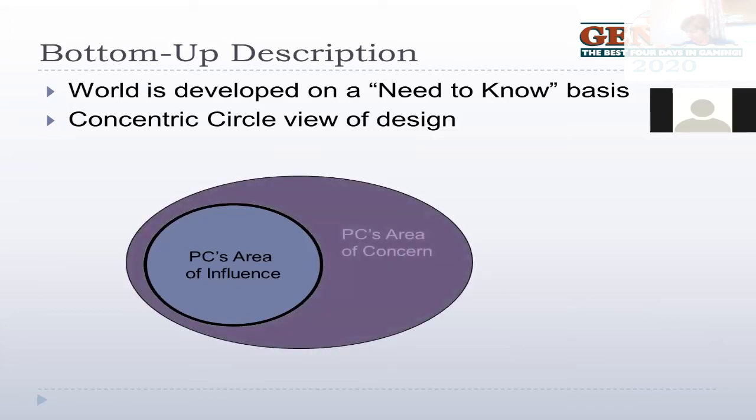And then bigger than that, well, hopefully, right? Unless we go back to the term of art nowadays, murder hobos. Unless they're murder hobos, they're probably going to have a somewhat larger area of concern. These are things they can't influence directly, but they care about.